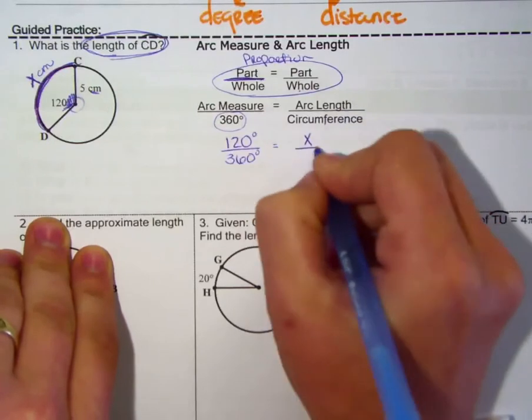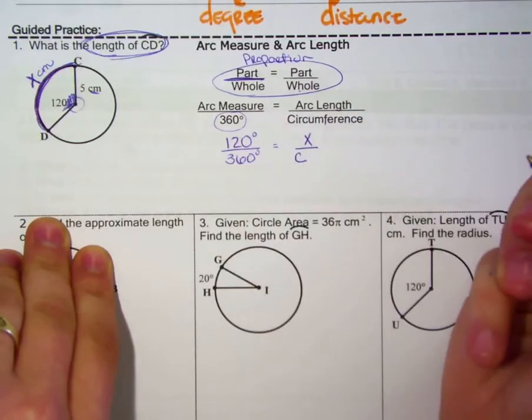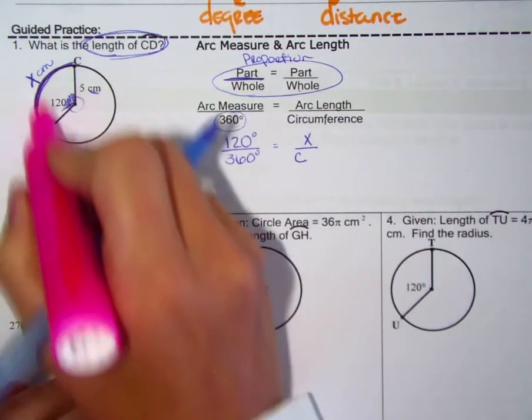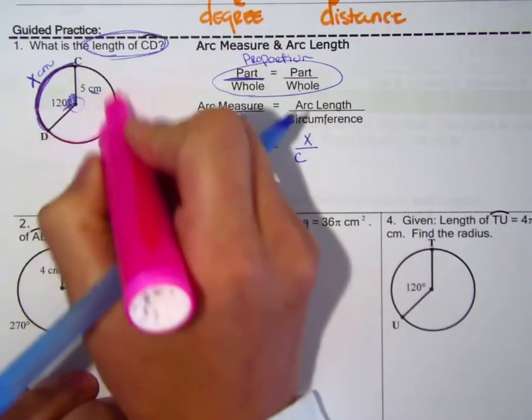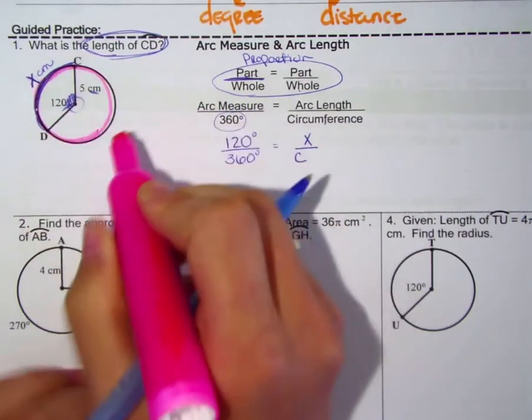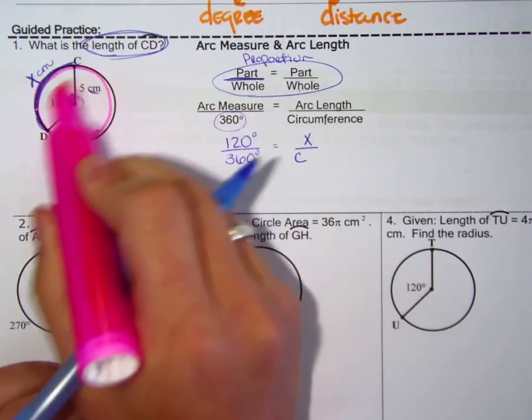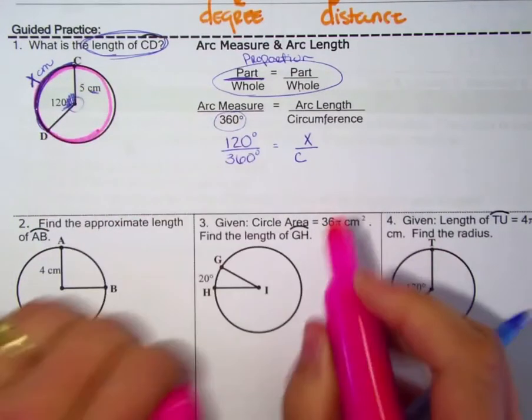So x divided by the circumference. Because remember, this is just part of the entire circumference, and it will be the same portion as the central angle of the entire degrees.